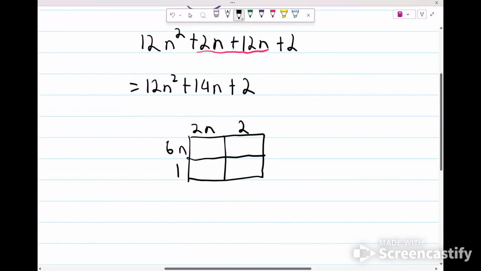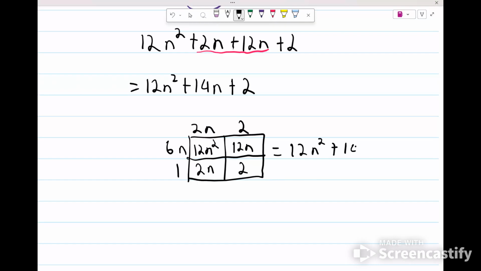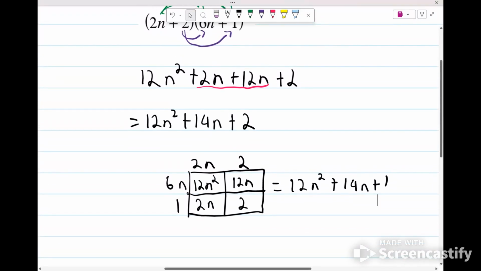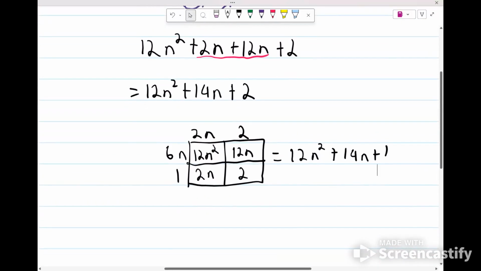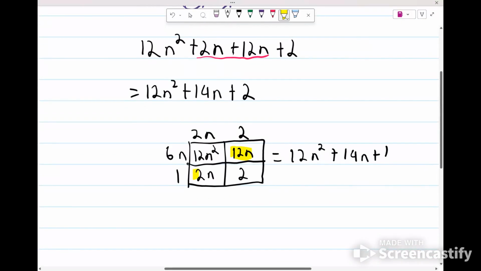So 2n times 6n will give us 12n squared: 6 times 2 will give us 12, and we include the n. 2n times 1 will give us 2n, and 2 times 6n will give us 12n, and 2 times 1 will give us 2, which would give us the same results. Now, one cool thing about this is that because we're using simple terms, like n squared, n, and a constant, these two right here will usually just add or subtract to each other.